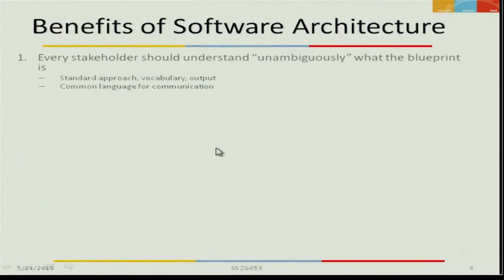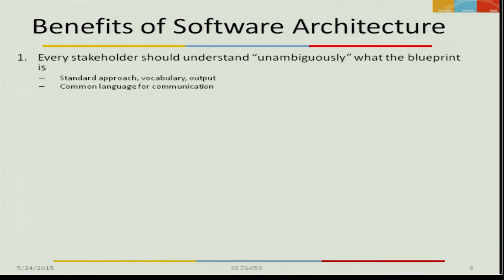So there are different benefits of software architecture. I'm sure by now you are at least to an extent convinced that architecture is required. So let us look at what benefits one can get. The first one is a really important one, and it may sound trivial or simple, but trust me, this particular benefit makes a huge difference in a large corporation.